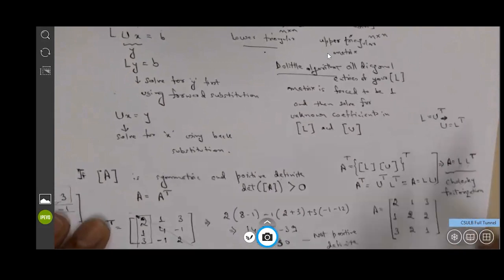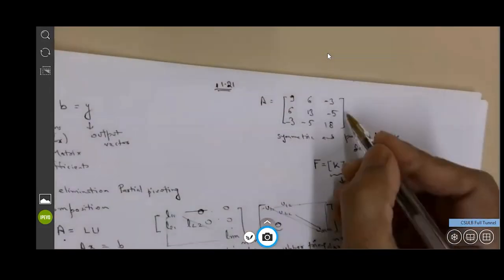And how do we decompose this specific matrix into L and L transpose?